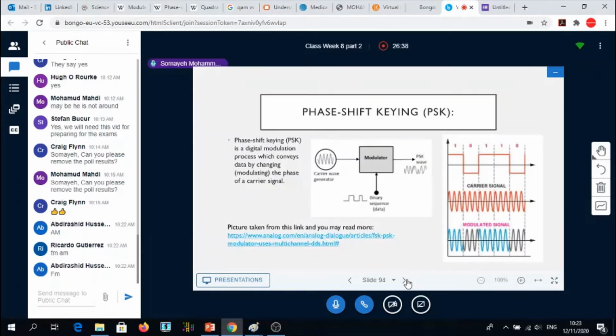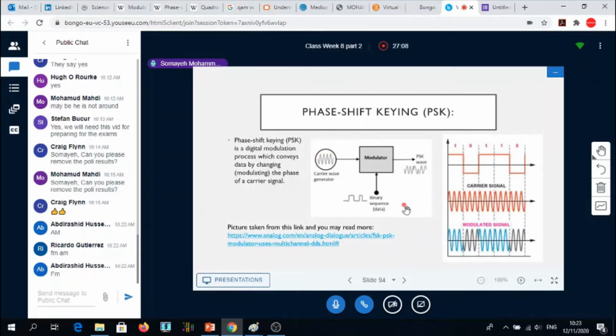So let's look at PSK, phase shift keying. I'm sure many of you have had that in previous modules that you passed in school, but we are going to look at them quickly. So we have the modulation block, and then the carrier signal is generated, and many times we say that an oscillator is generating that signal.